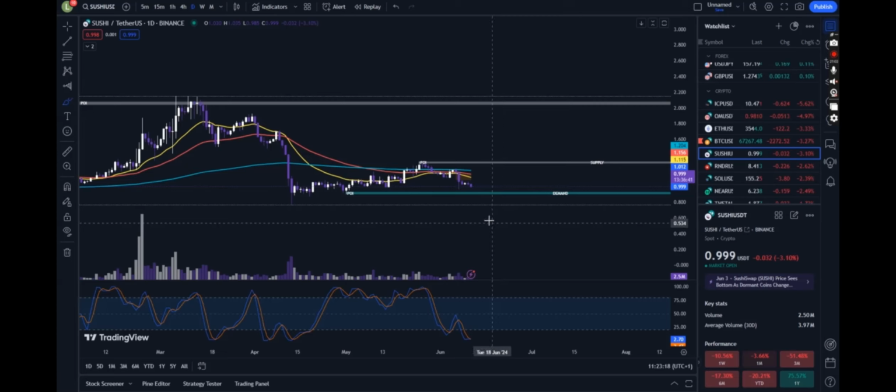Do not buy Sushi here. Wait for these moving averages to start coming under, start to squeeze, and then you should get a big push off. That's what I'd be waiting for. You've got your RSI at the minute down at the bottom. It could stay down here for a while. And then you get that squeeze, and then it pushes off.